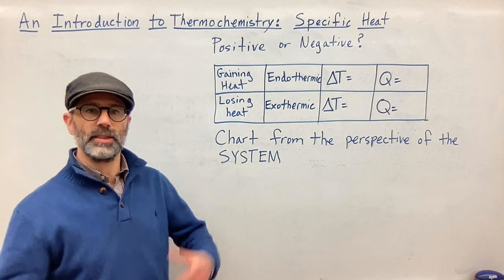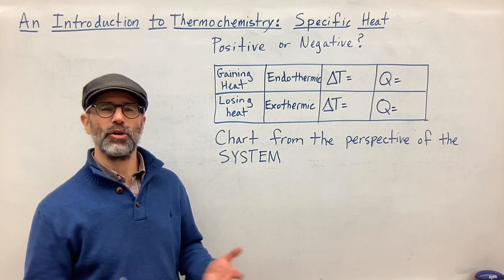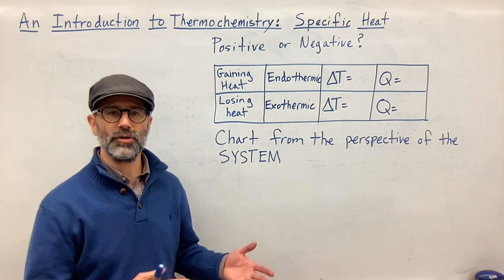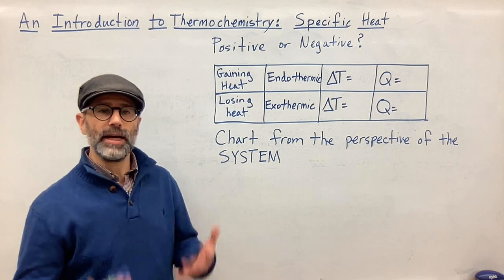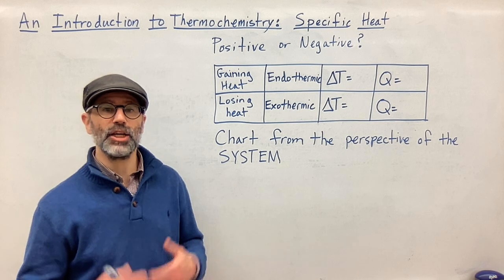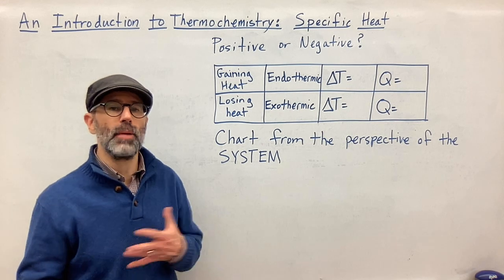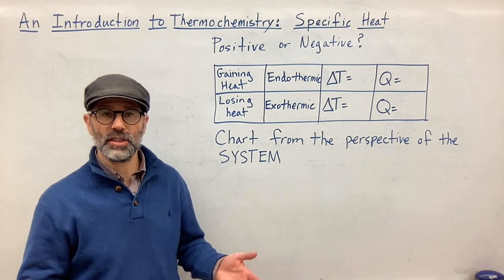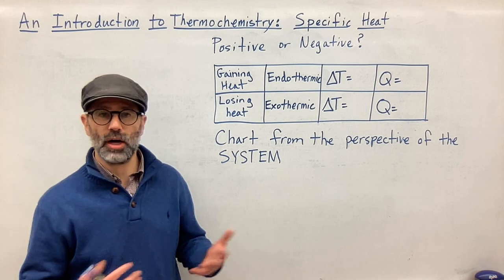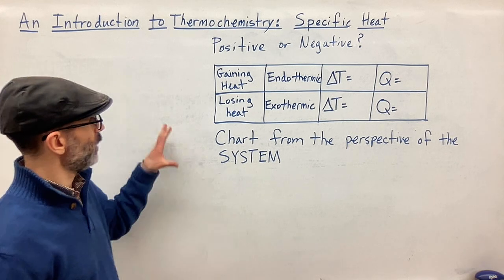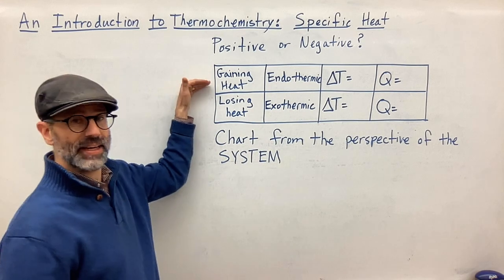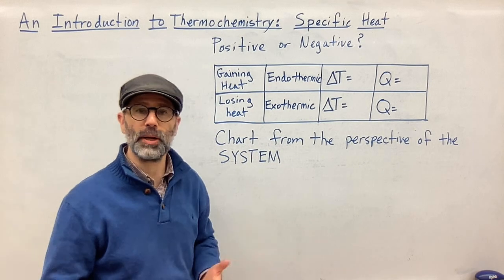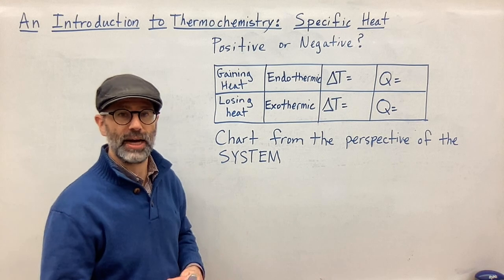Okay, so let's talk about whether your Q value is going to be positive or negative, or your delta T. So here we're trying to find the Q value, how much your system has gained or lost energy. So if we have this table here, if we're gaining heat, that's an endothermic process or endothermic reaction.